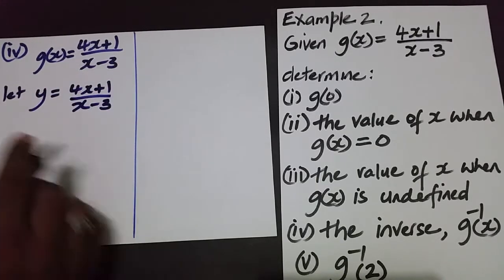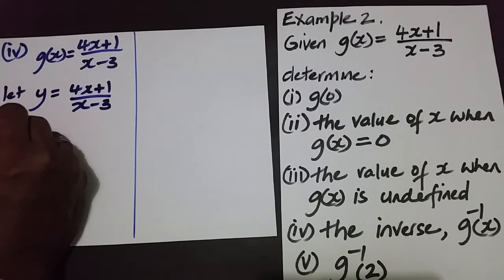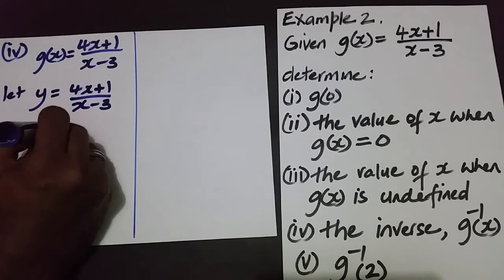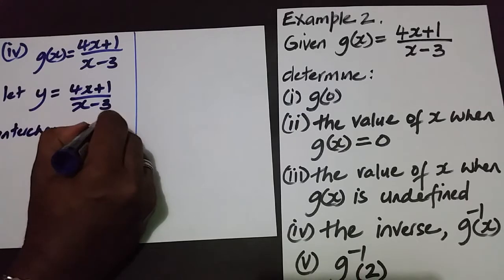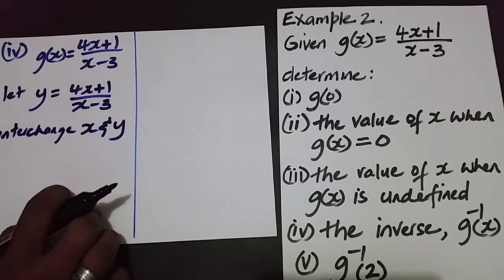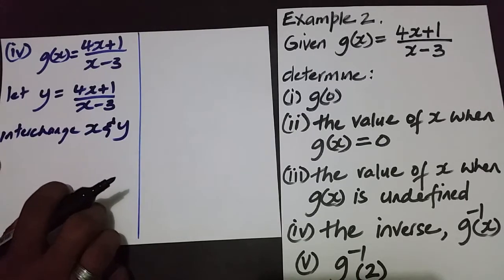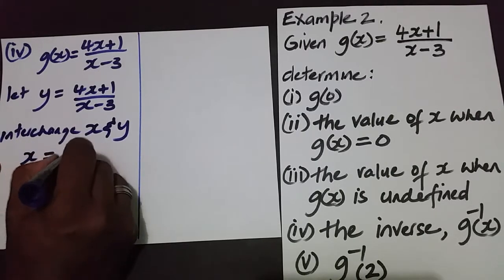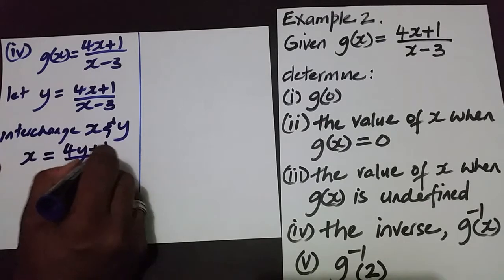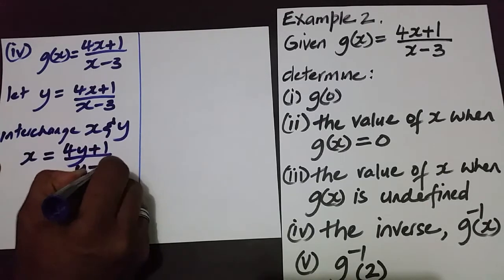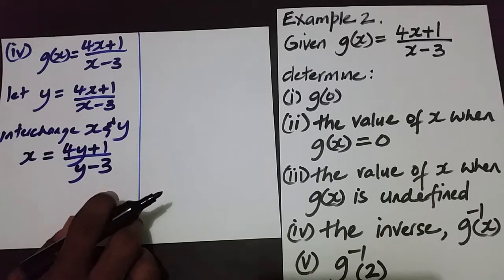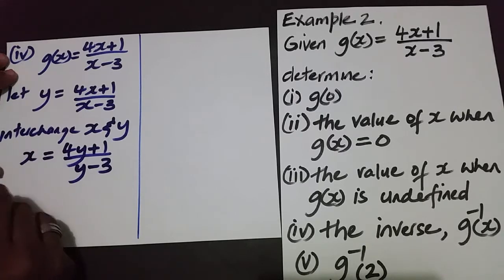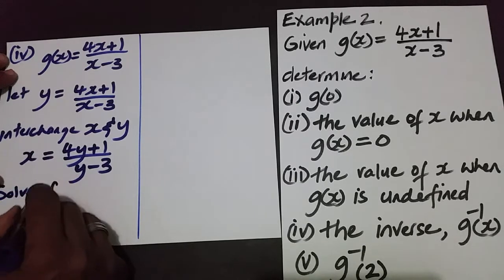And then the next step would be to interchange x and y. And that simply means to switch the values of x and y. So we're going to have x equals 4y plus 1 over y minus 3. And then we need to solve for y.